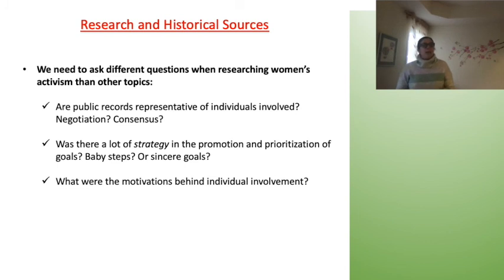But when we look back at that as historians, we can say that could have been strategic, right? If they had pulled out these big ideas about we don't want to be mothers, there's more to life than being a mother, the movement wouldn't have had the same response or traction. But we don't know how many of the individuals involved in that movement really believed in these ideas, or if it was more of a strategy to take these baby steps to get to where they wanted to go.